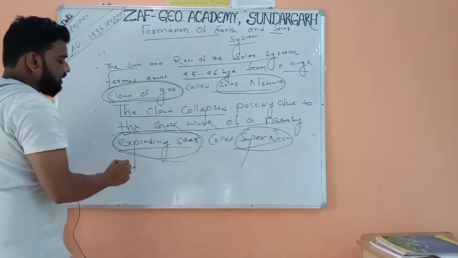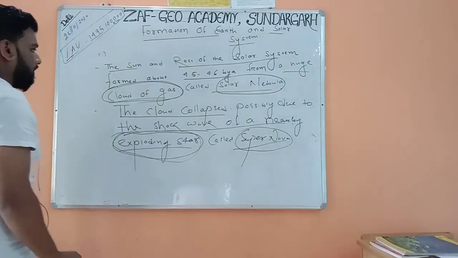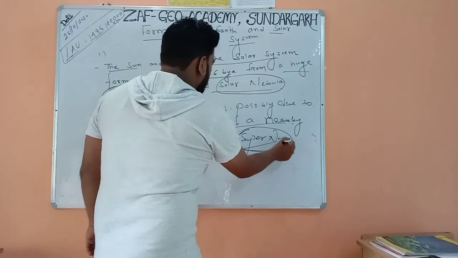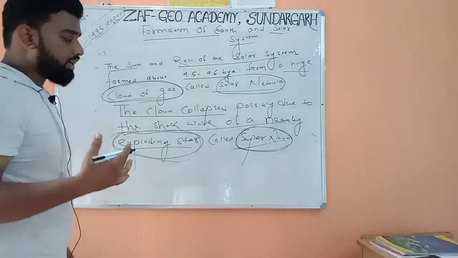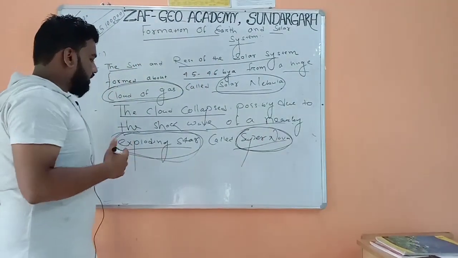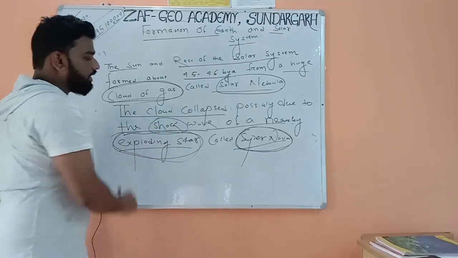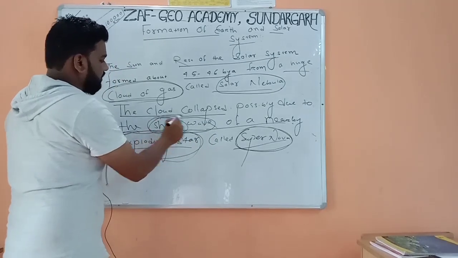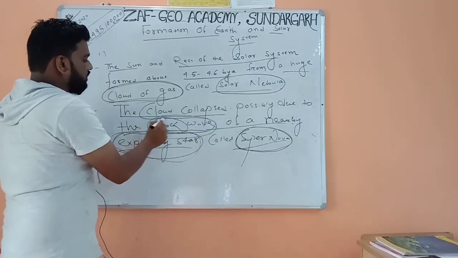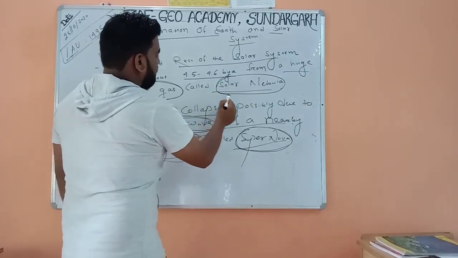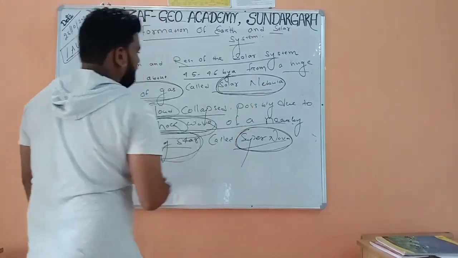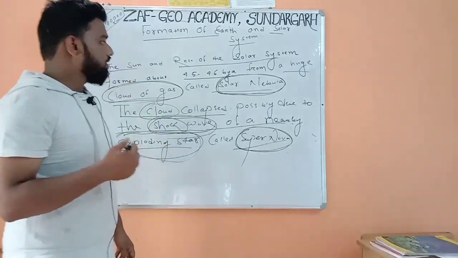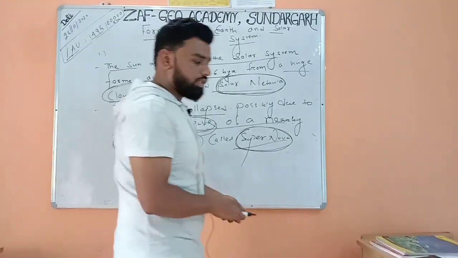So the supernova exploded and due to this explosion a huge shock wave was created. Due to this shock wave, the cloud, which is our building material, collapsed and gave rise to planets, satellites and other things of the solar system.